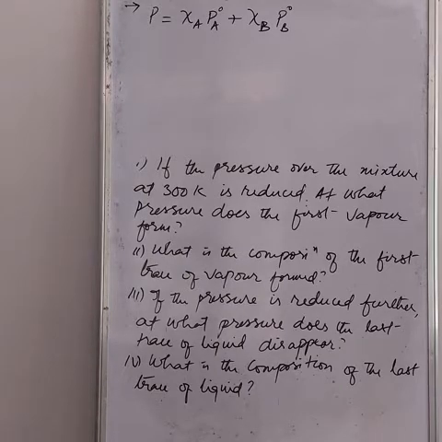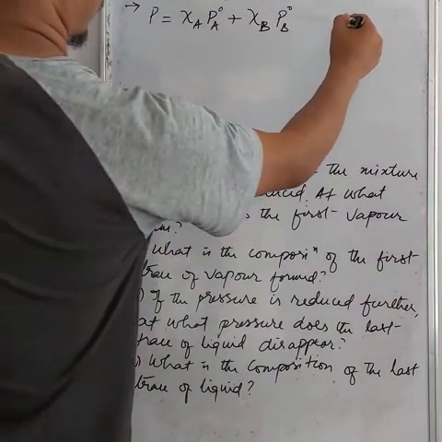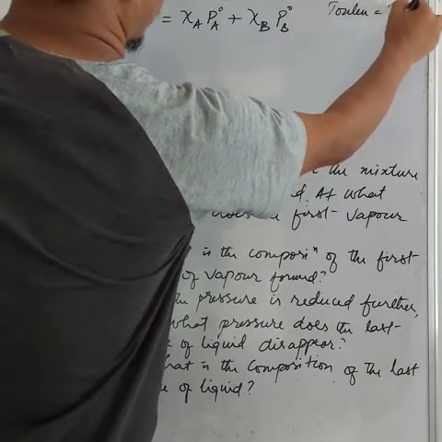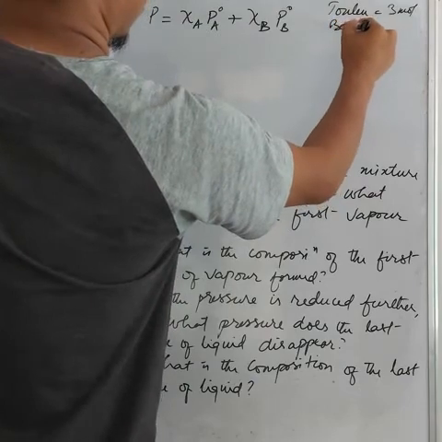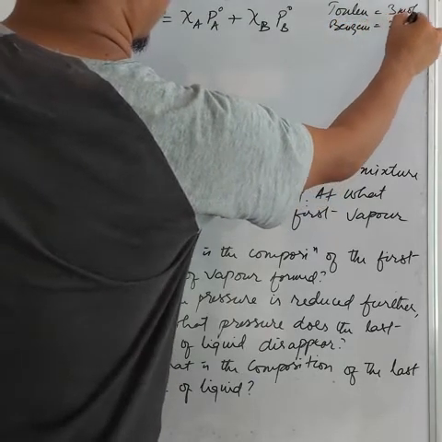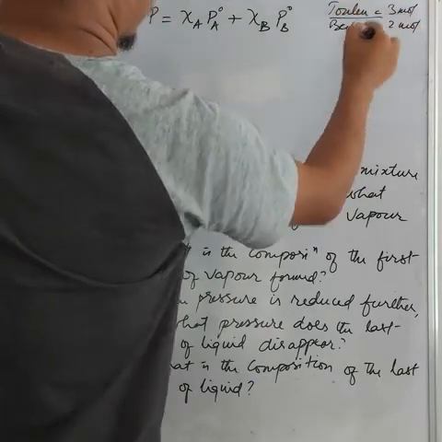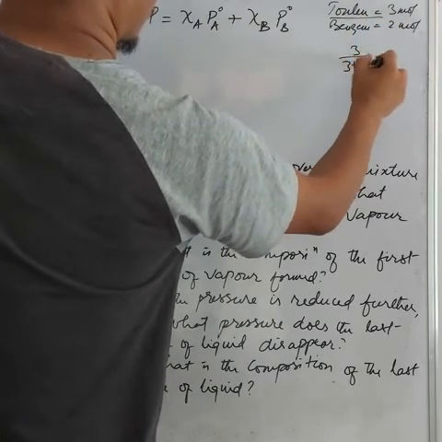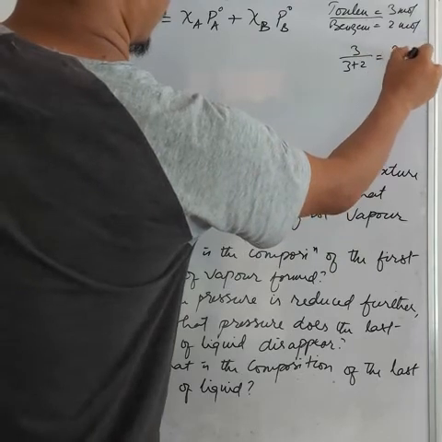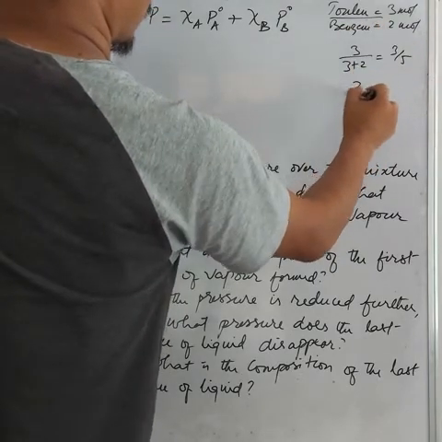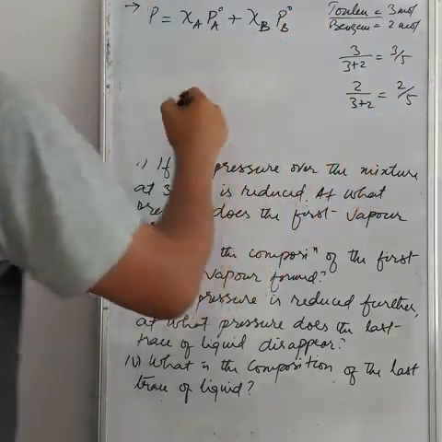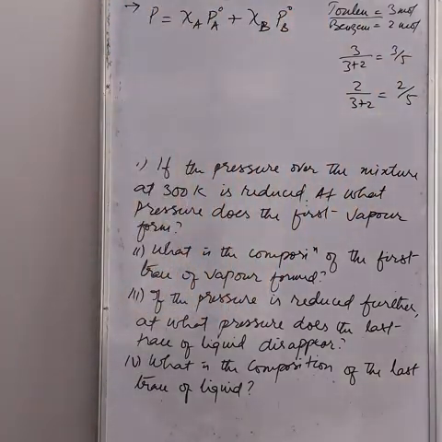So the mole fraction of toluene will be 3 over 3 plus 2, so it will be 3 by 5, and then for benzene it's 2 over 5. That's how we calculate the mole fraction. So we'll just add those values there.